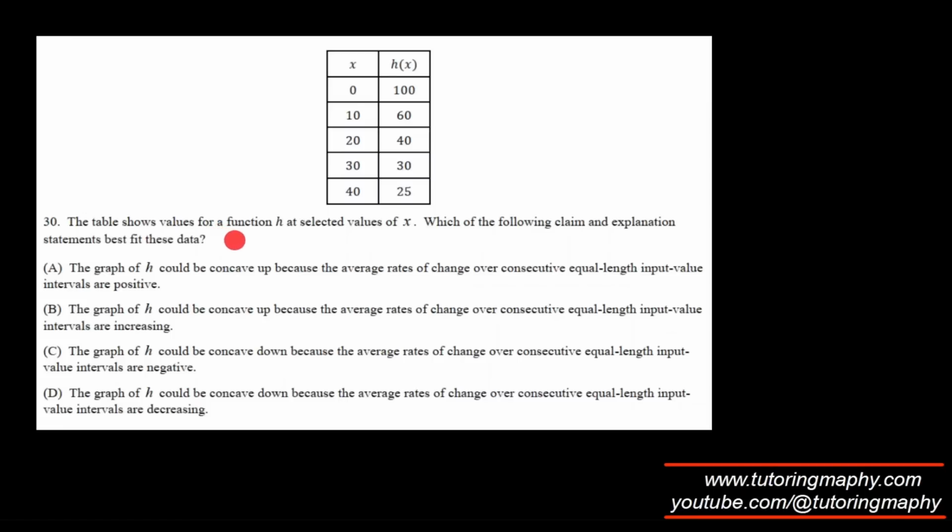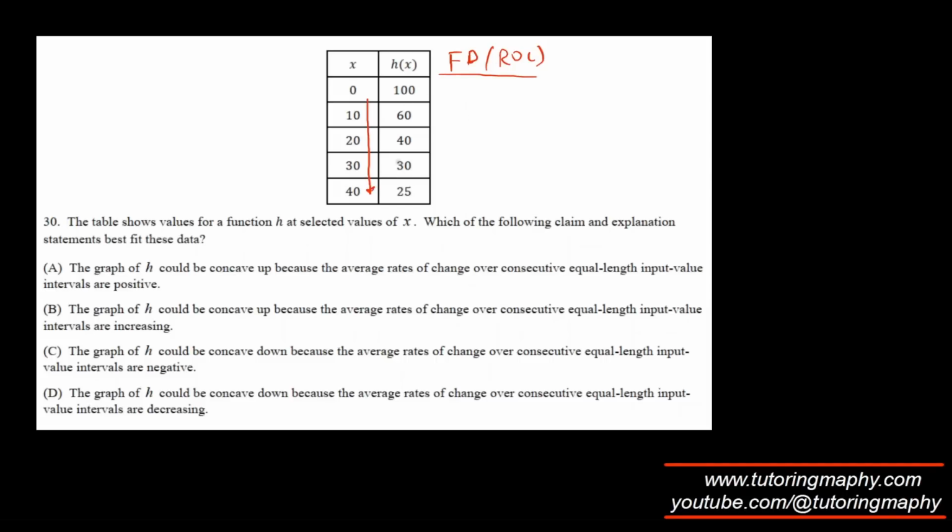The table shows values for a function h at selected values of x. Which of the following claim and explanation statements best fit these data? Okay, once again, concave up and concave down. So we have to find the first difference first off, which can also be realized as ROC.